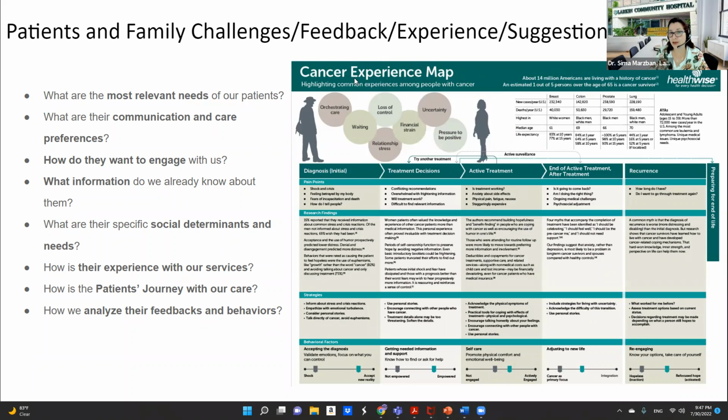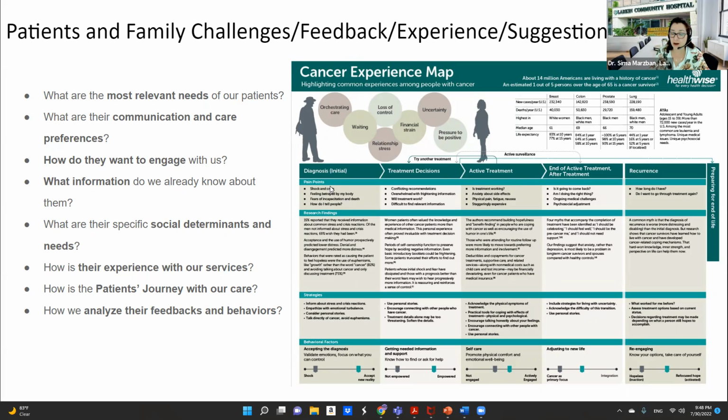For a cancer patient, an illustration of the cancer experience map: before diagnosis, after diagnosis and treatment, active treatment, end of active treatment, and recurrence and different episodes and attacks of the disease.